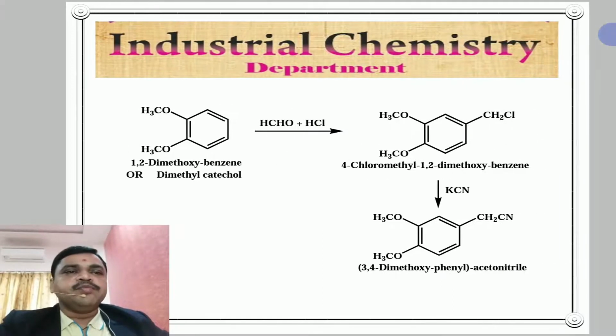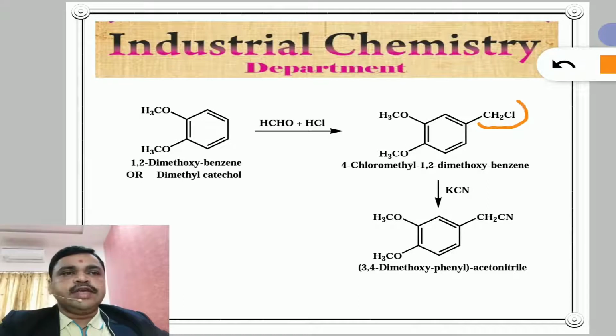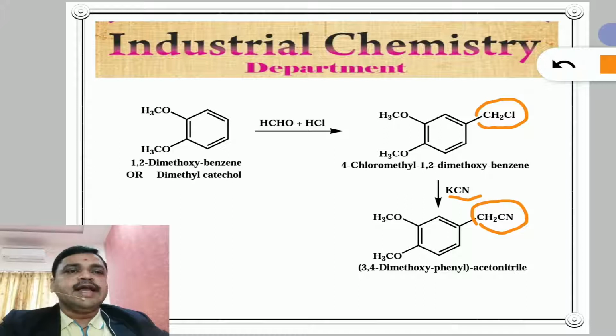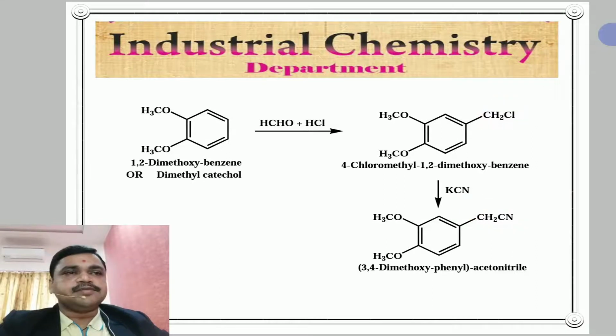So the chloride is replaced by cyanide group. Here CH2Cl is converted into CH2CN in presence of KCN, and we get 3,4-dimethoxyphenyl acetonitrile. CH2CN is acetonitrile.